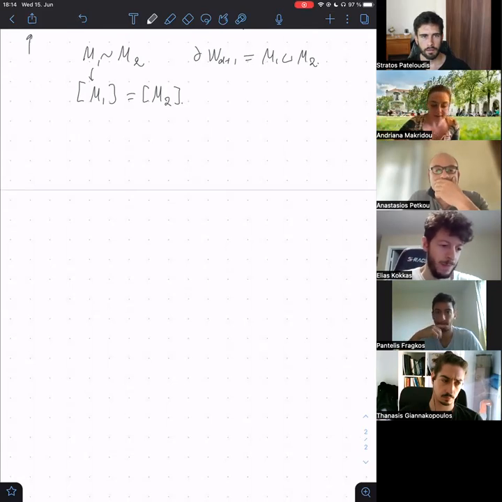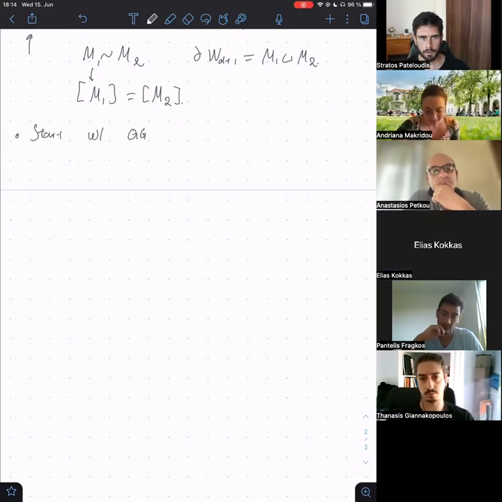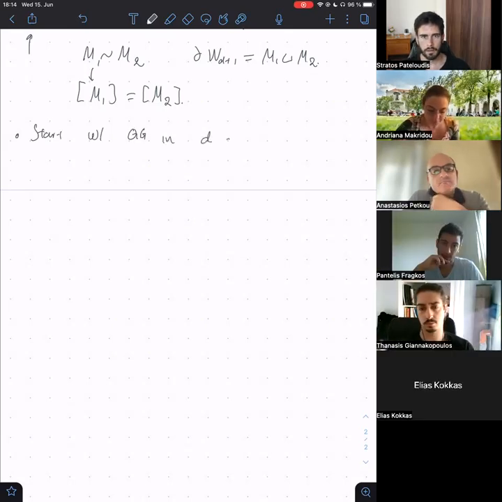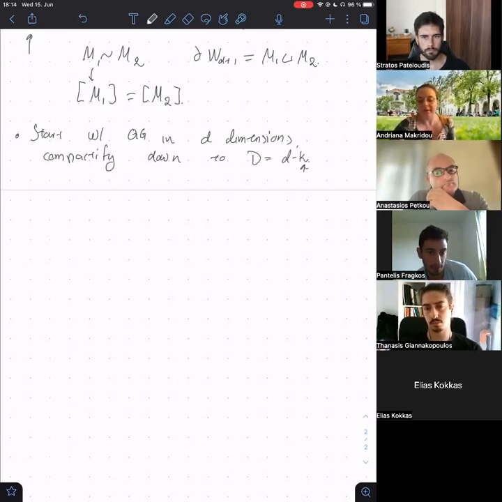The whole idea is that you start with quantum gravity in some dimensions and you compactify K of them, down to the large dimensions, which is D minus K. So this K-dimensional manifold is going to be the one that sets what your theory is.